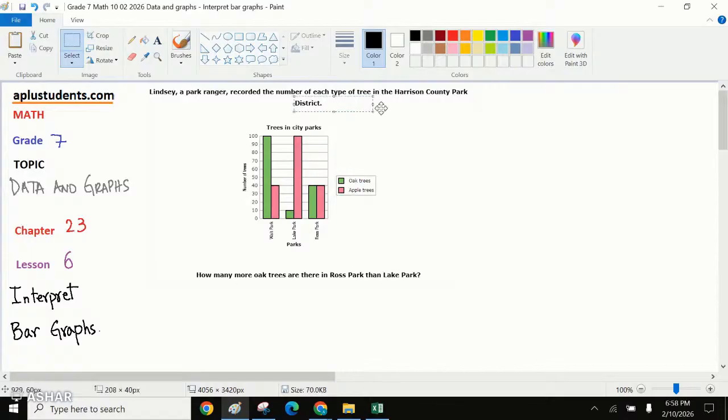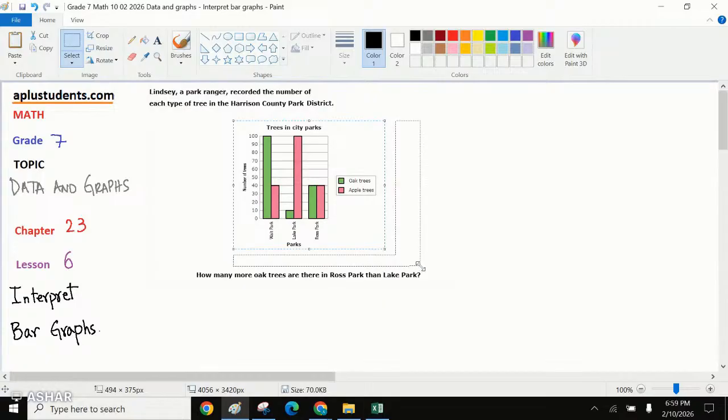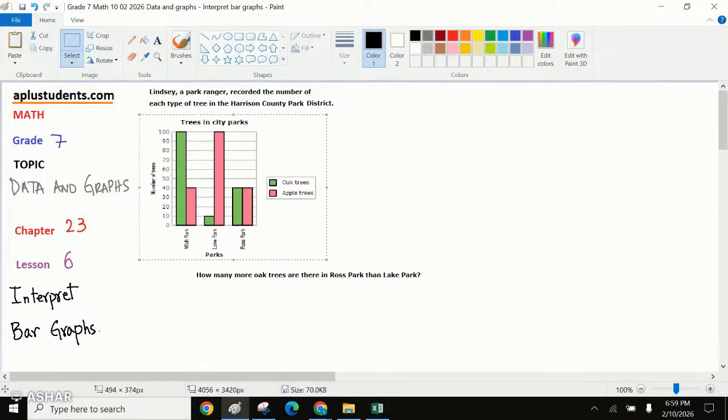The first question says, Lindsay, a park ranger, recorded the number of each type of tree in Harrison County at Park District. This is a bar graph, and it will give us information about different types of trees.